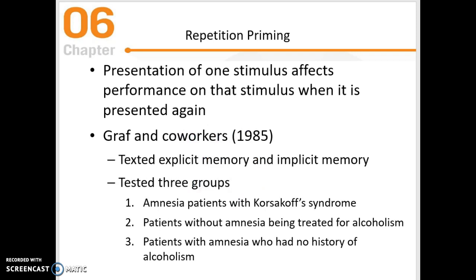Again, repetition priming is when you present a stimulus and it affects performance in a future presentation of the same stimulus. This work by Graf and co-workers in 1985 used 3 different groups.